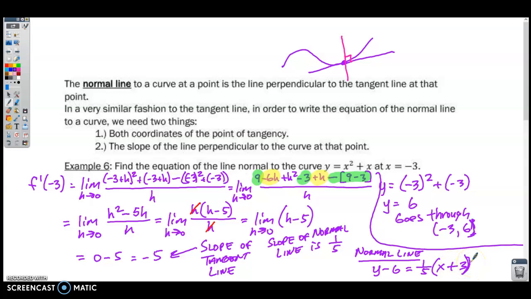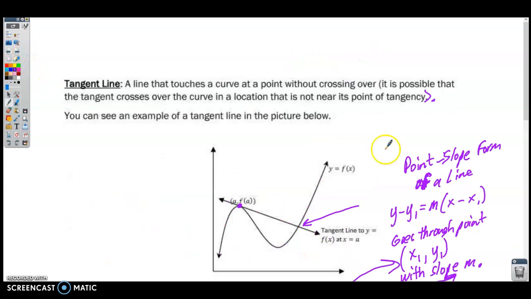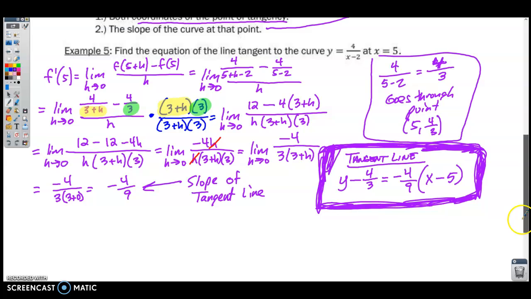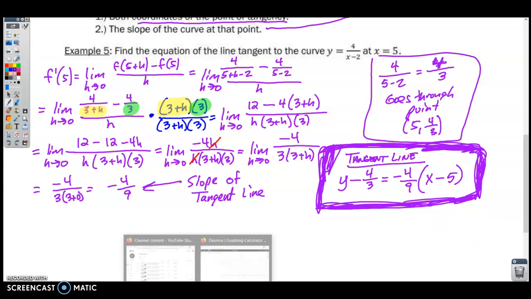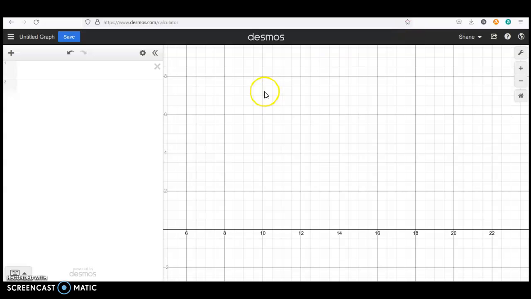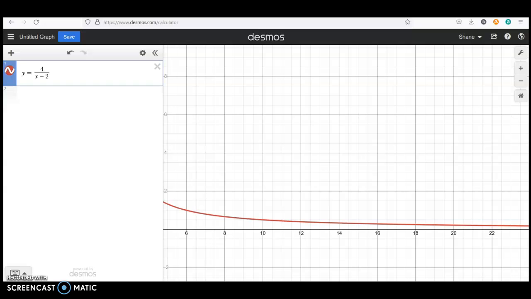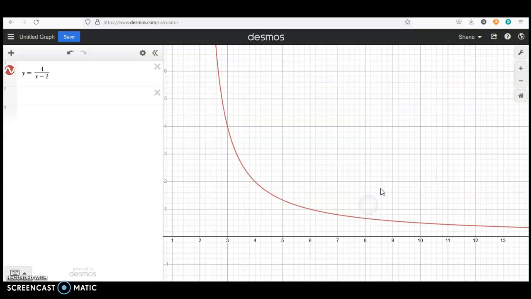Okay? Now, let's pop over here and check our work. I'm going to justify what we did here graphically. First, we'll go back to example 5, and we're going to look at this curve and its tangent line. So we'll go to Desmos to do that, and we'll type in the curve, y equals 4 over x minus 2. Okay, so there's the curve, and we're looking at the tangent line here at x equals 5.